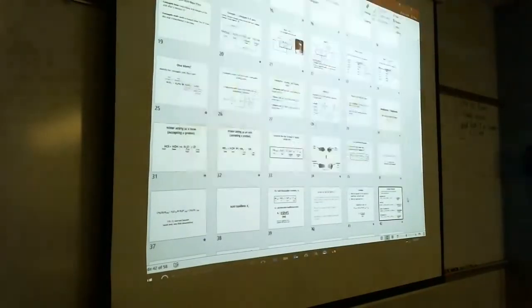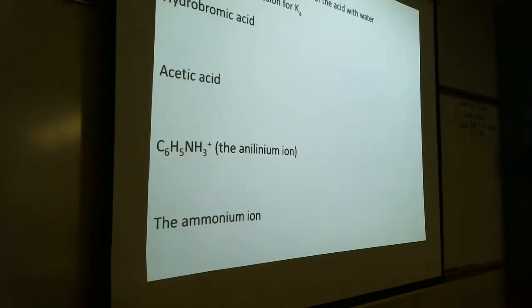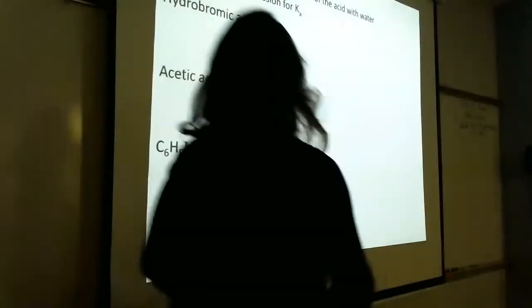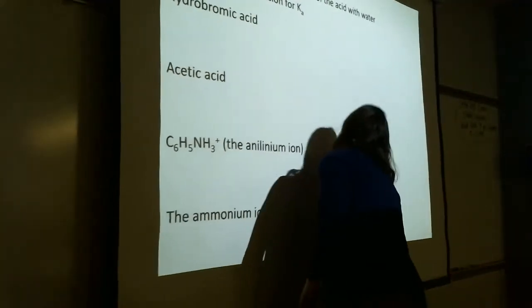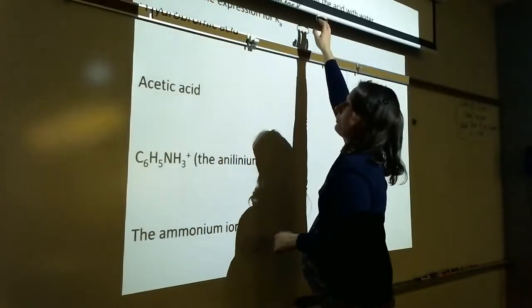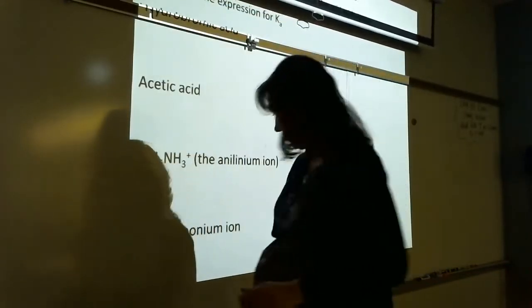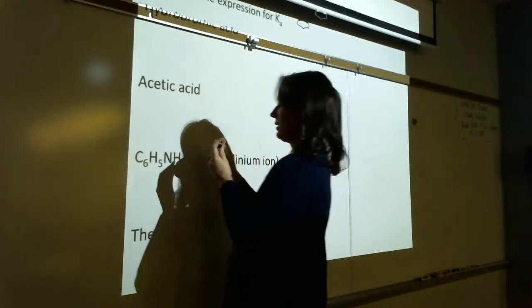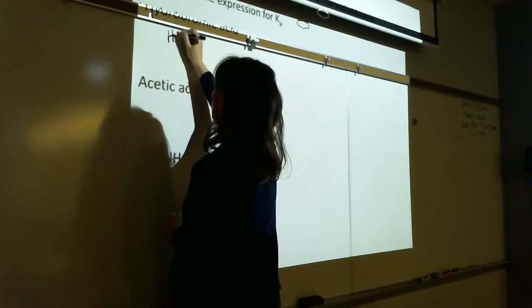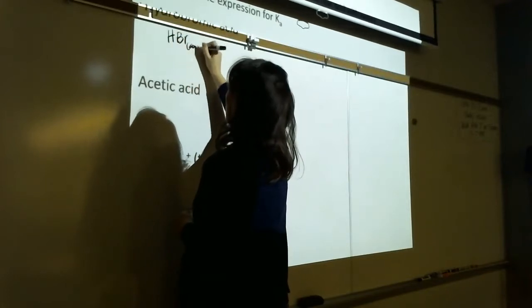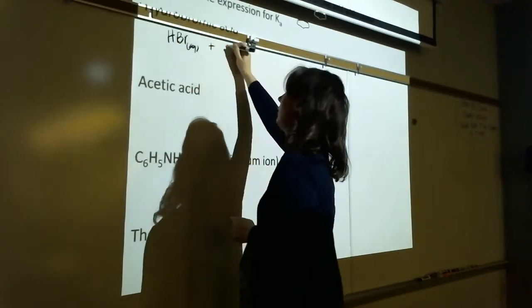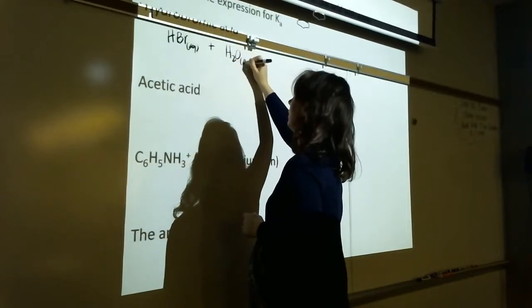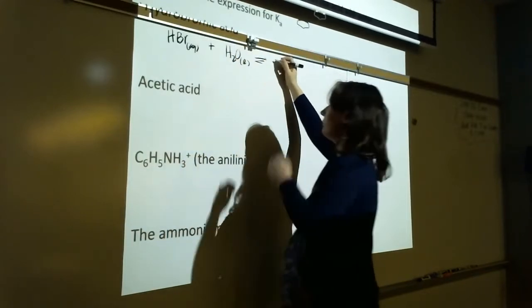All right, let's go over this one. So we've got some acids here. We need to write the reaction, and then we need to write our Ka expressions. So hydrobromic acid is HBr. It's going to be combined with water. What am I going to get?